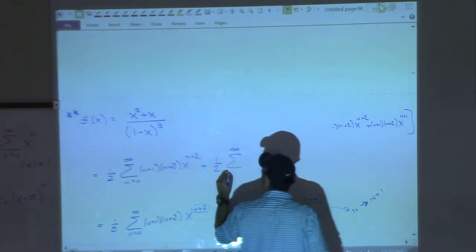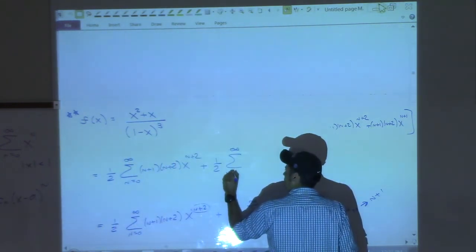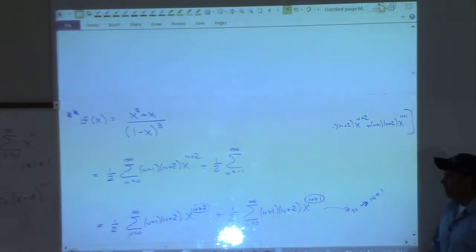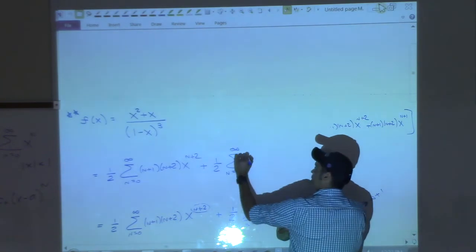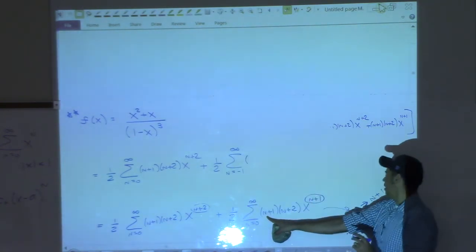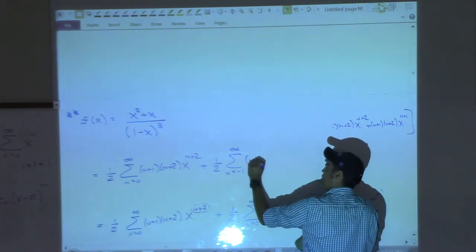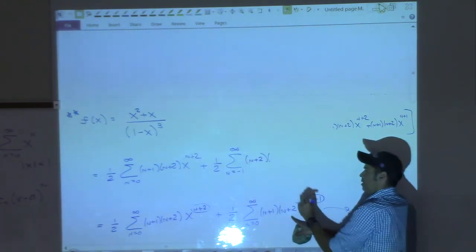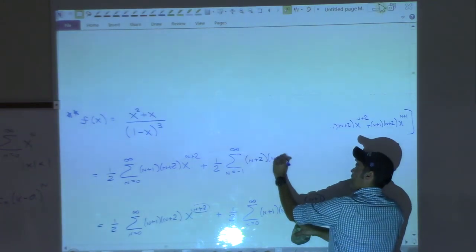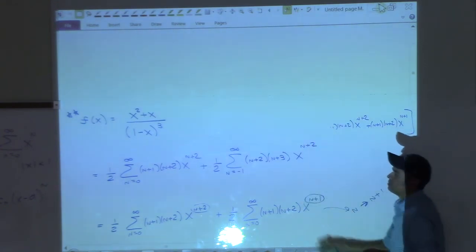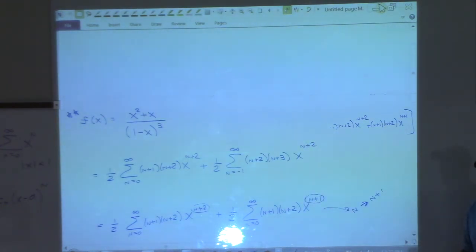So that's going to be n equals -1, right? Okay, what about this one? I'm replacing n with n plus 1, so n plus 2, n plus 3, and then x to the n plus 2. Do y'all agree with that? It's ugly, but it's what it is, right?